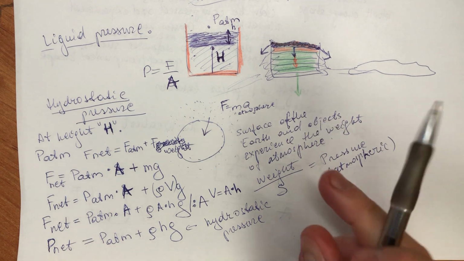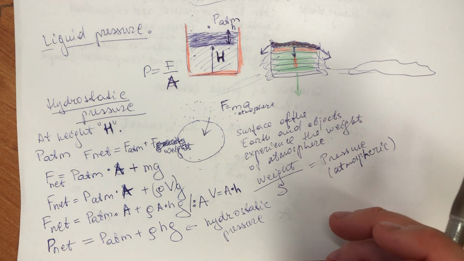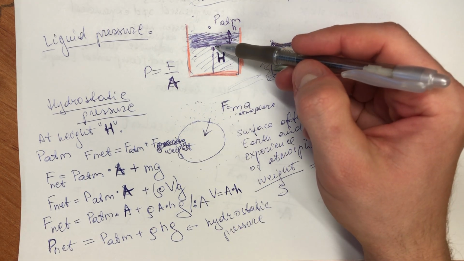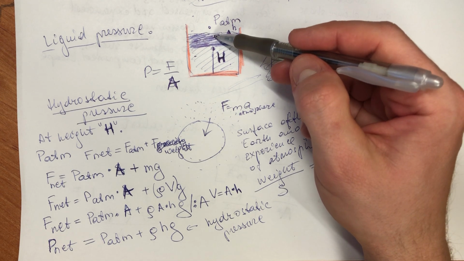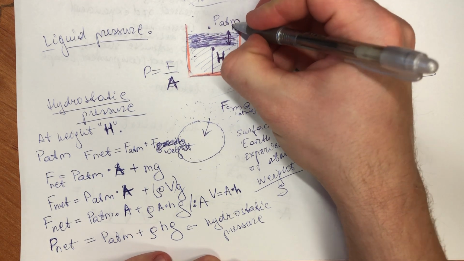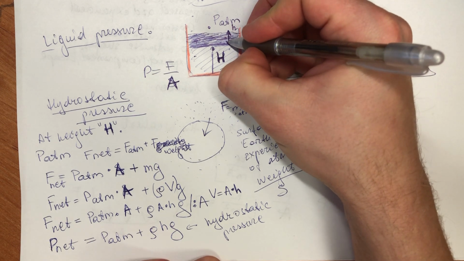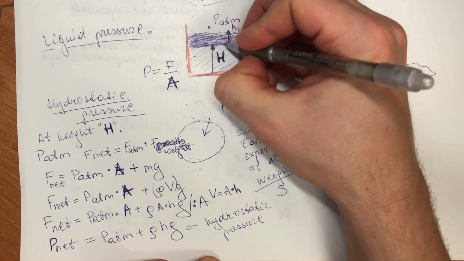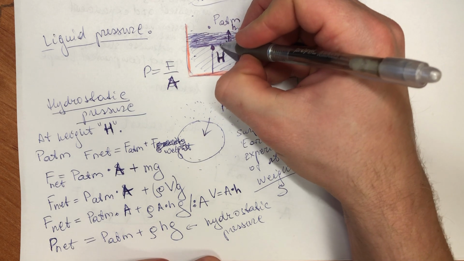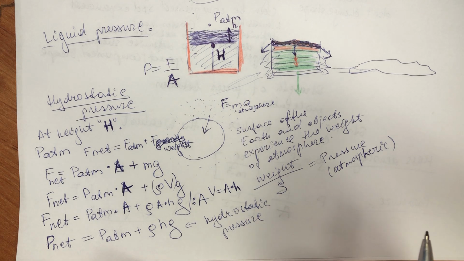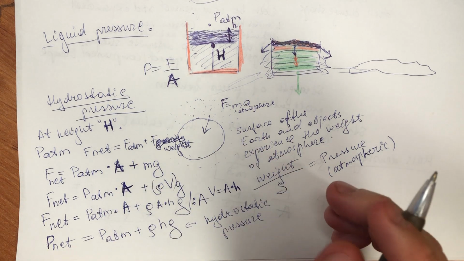So if you have a layer of water that has some kind of height, so if you have height, this small h, the height of this water, then the pressure at some point below this water would be given as rho, h, and g. Okay, so that was hydrostatic pressure.